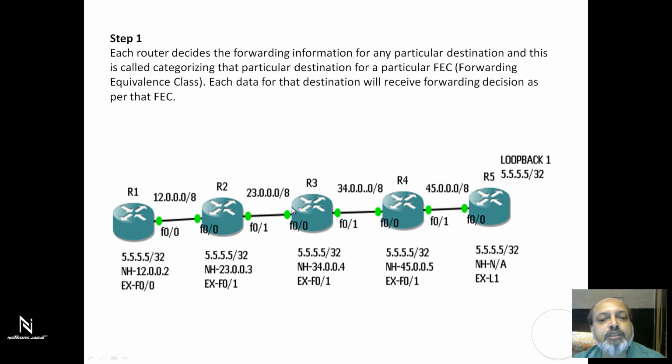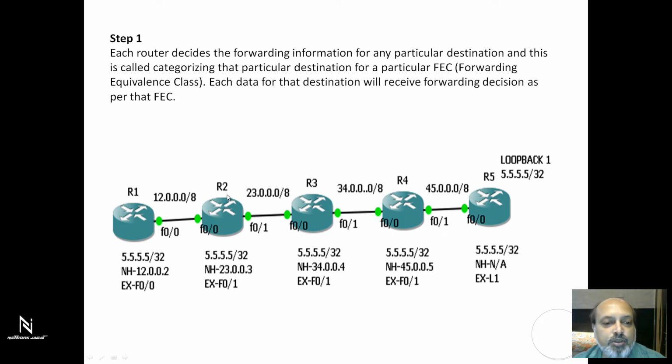So there is something called a label, and what router 2, router 3 and router 4 can do is swap labels. That means if data is coming towards them with a certain label, they can change that label with some other label, right? If data is coming to R2 with a particular label, R2 can exchange that label with some other label.